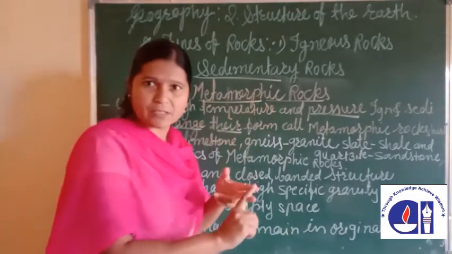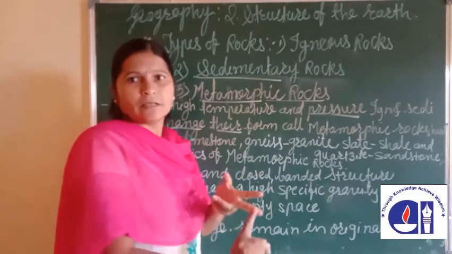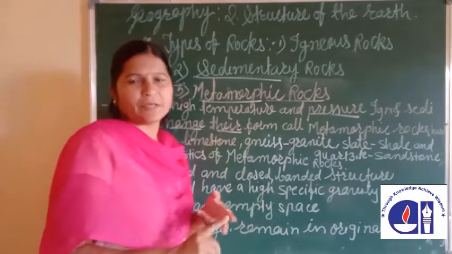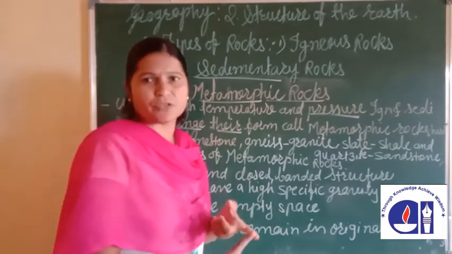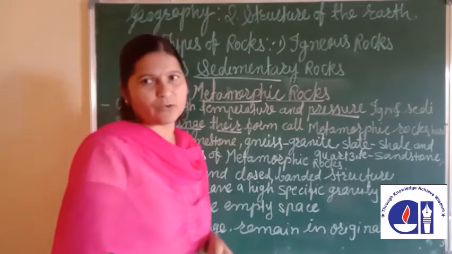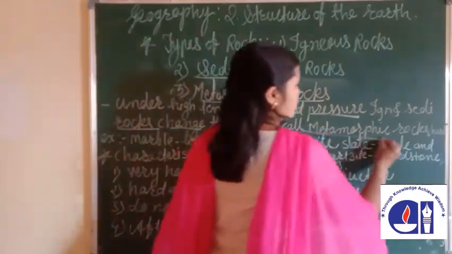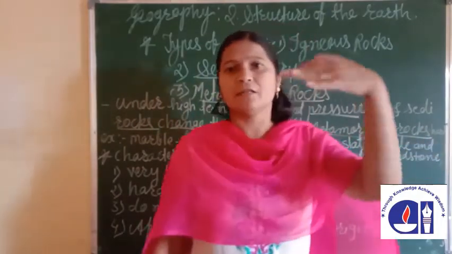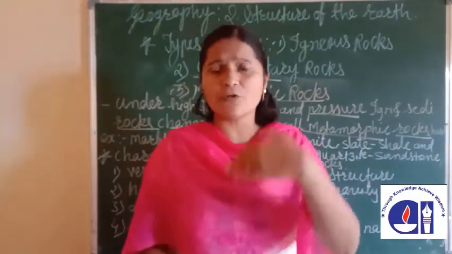When sediments and igneous rocks come in contact with high pressure and high temperature, new rocks are formed, and those new rocks are known as metamorphic rocks, which are very hard. They take thousands of years, and these rocks form slowly.